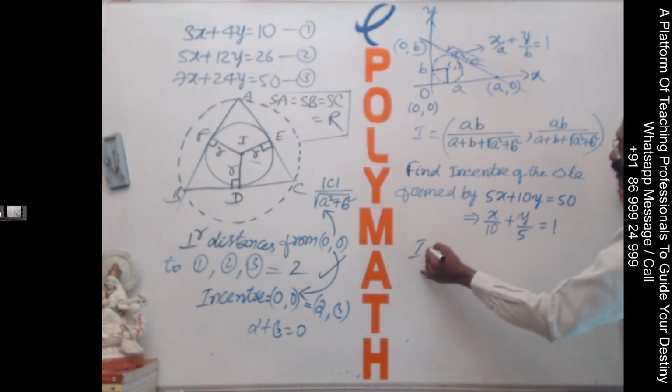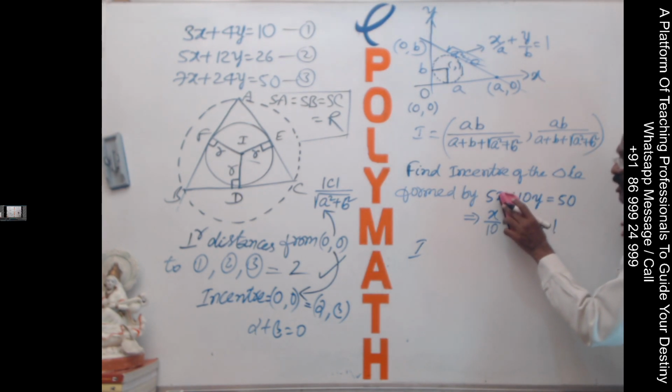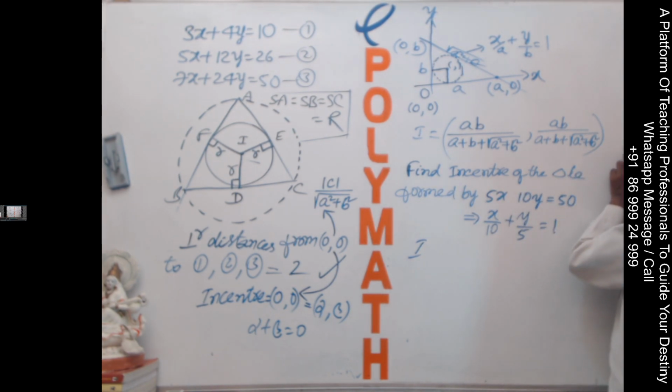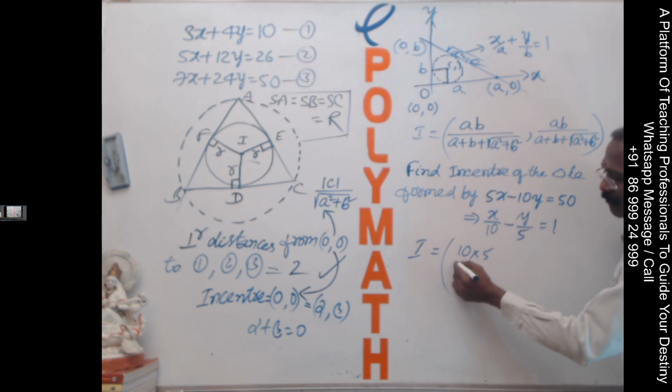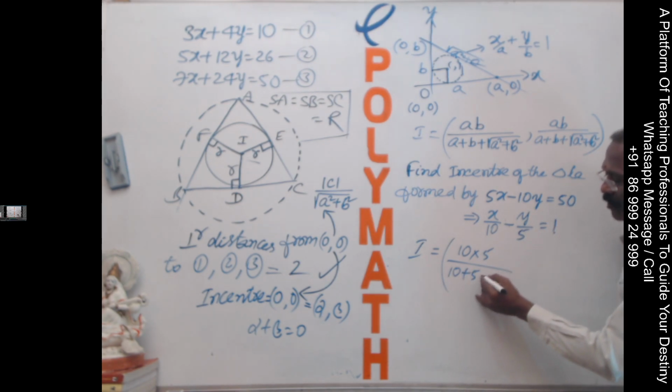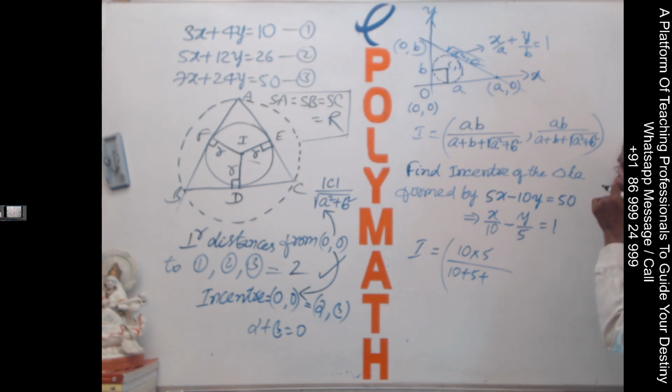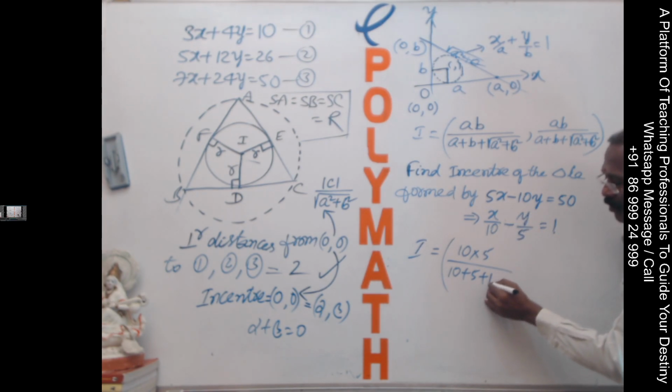Therefore, in the incenter, I am twisting the problem here just to make you understand what happens if there is a minus. I am taking 5x minus 10y is equal to 50. Now apply the same formula, 10 into 5 by 10 plus 5 plus root over 10 square plus 5 square, root 125.